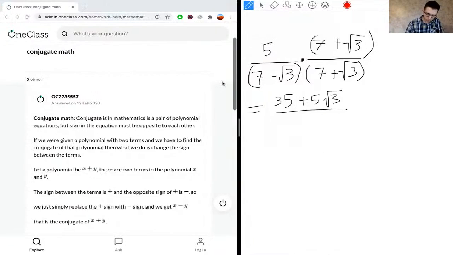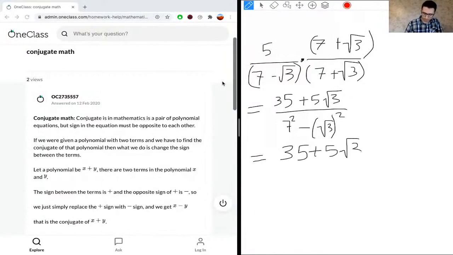So we know it will be 7 squared minus square root 3 squared. And then this will give us 35 plus 5 square root 3.